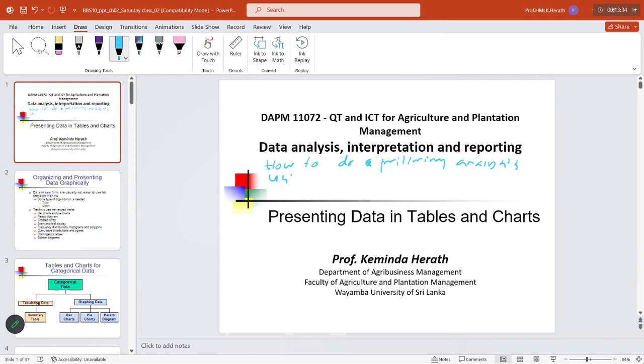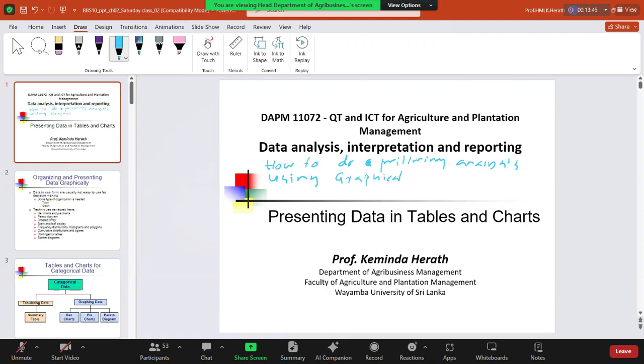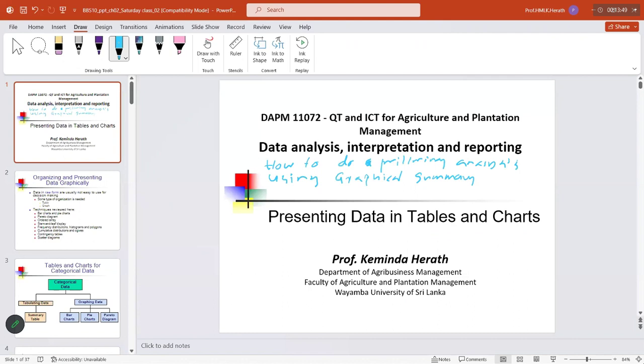using graphical summary measures and numerical summary measures.